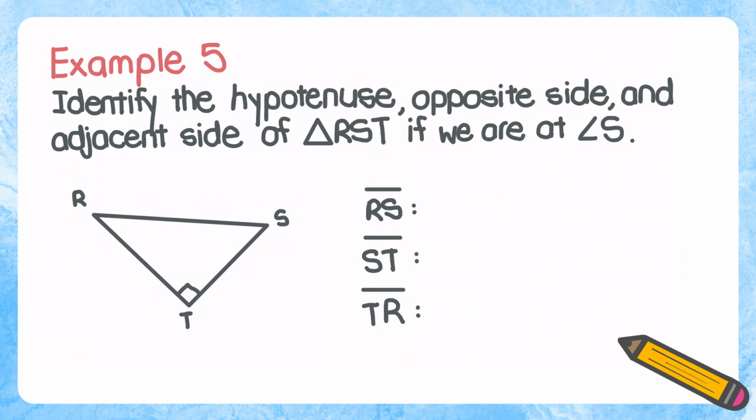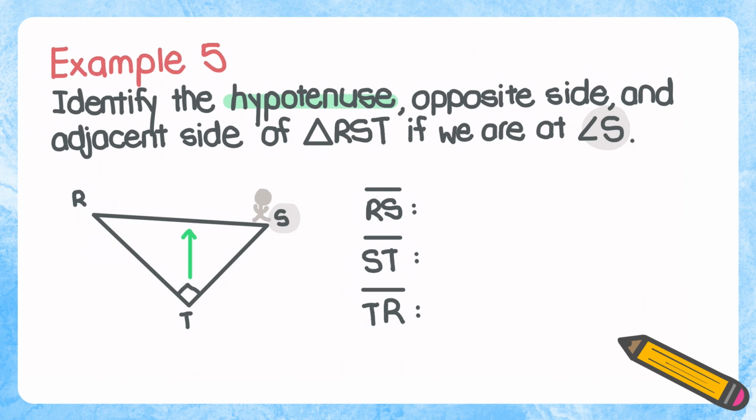Try this last example on your own and press play when you're ready to compare answers. So for this example, we're standing at angle S. So we're standing here, and then let's first find the hypotenuse.